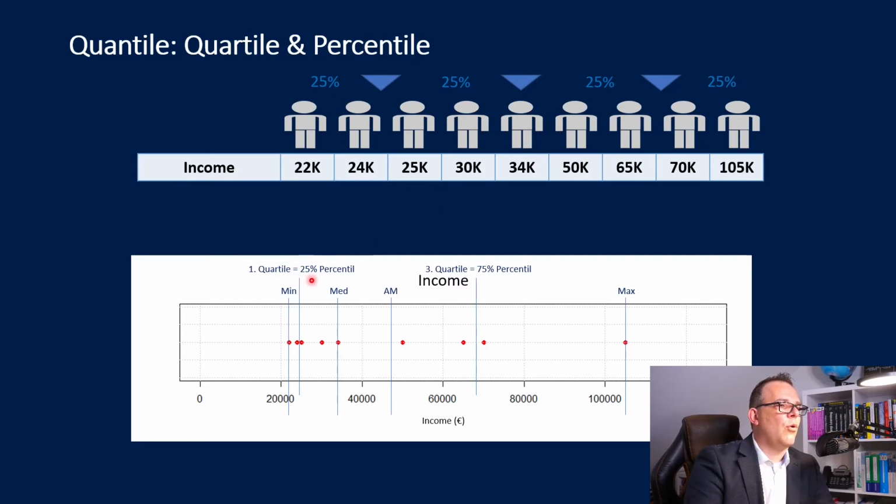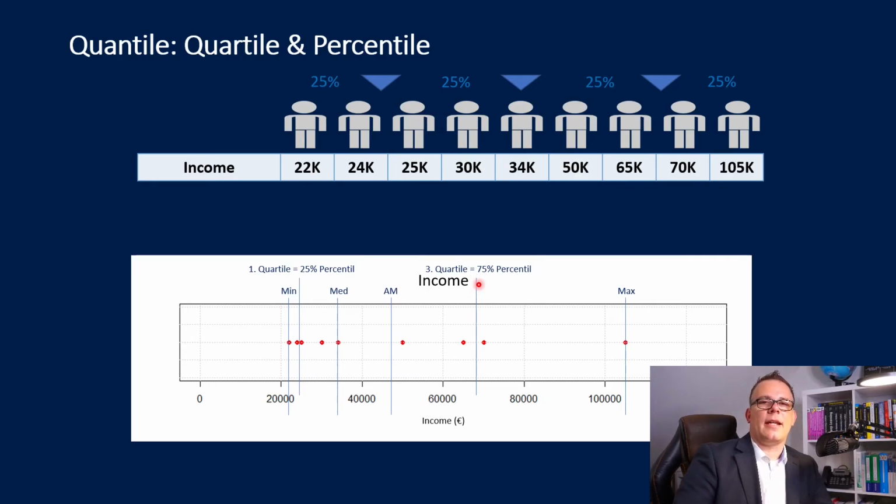Accordingly, the first quartile is also called 25% percentile. That is the value whereof 25% are lower and 75% are higher. The median is the second quartile, or the 50% percentile. It splits the data into 50% being lower and 50% being higher. And the third quartile is the 75% percentile.